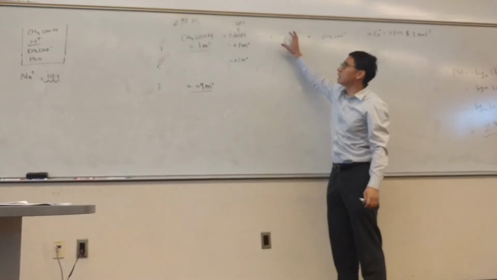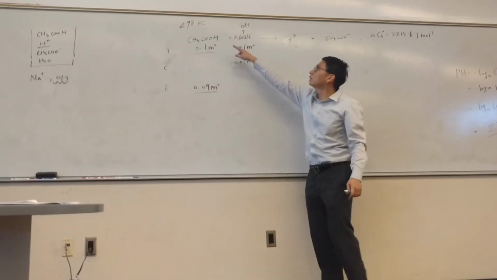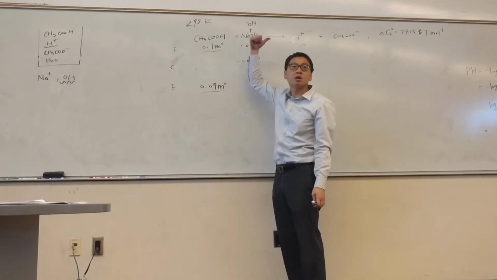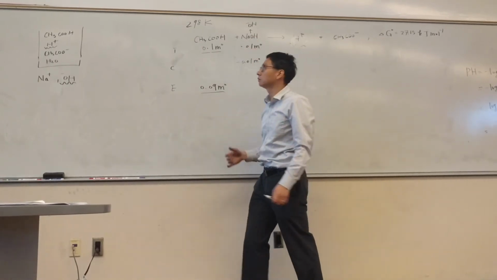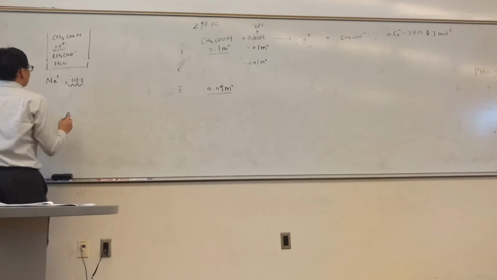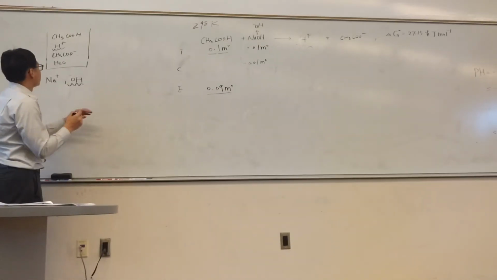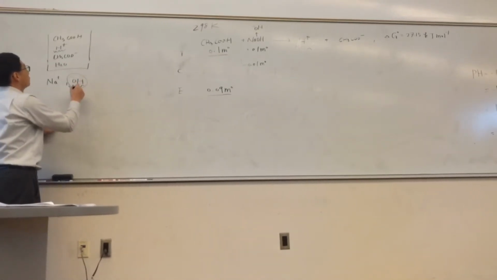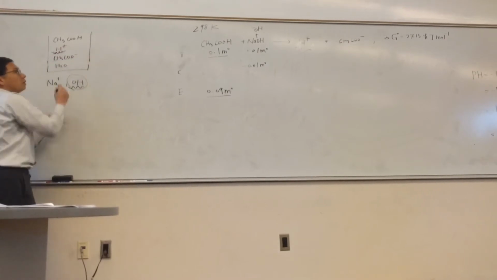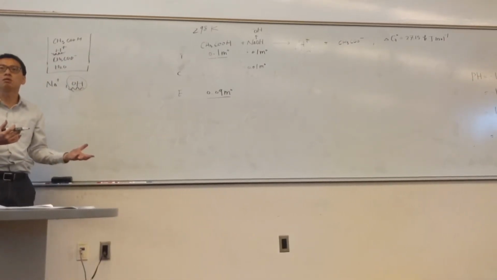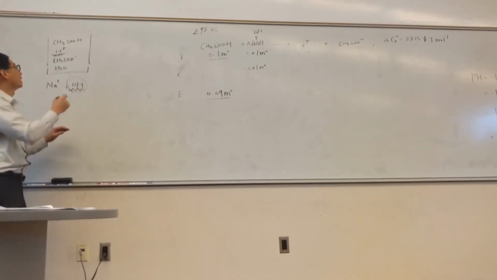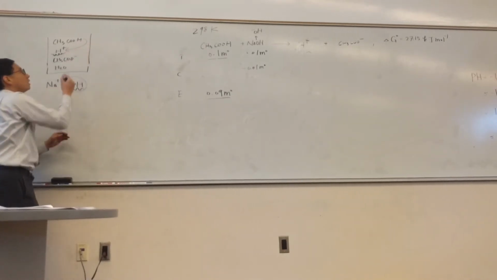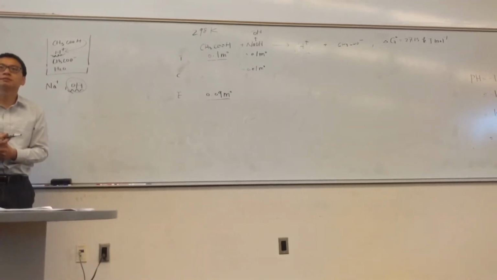But since this keeps being removed, this will keep producing H plus in the end. After you add in the sodium hydroxide, this is going to consume this and produce a lot more H2O. But at the same time, this is producing a lot more H plus as well.